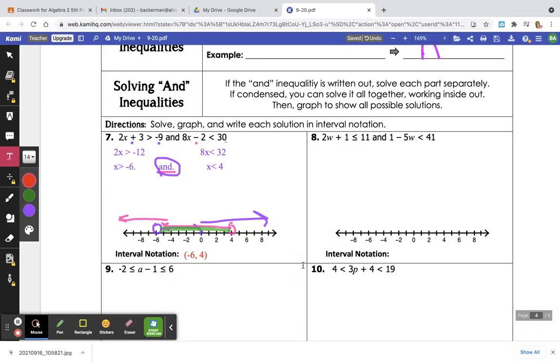And so because we only care about the shared area, that's all we have to write there. Again, if it was an or situation, then we would want all the pink area and all the purple area. But for an and situation, we only care about where it overlaps. It has to be this and this, okay?